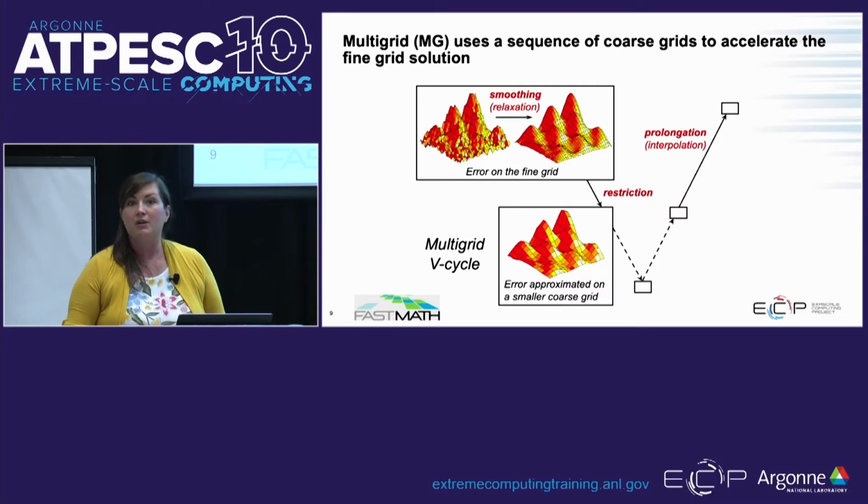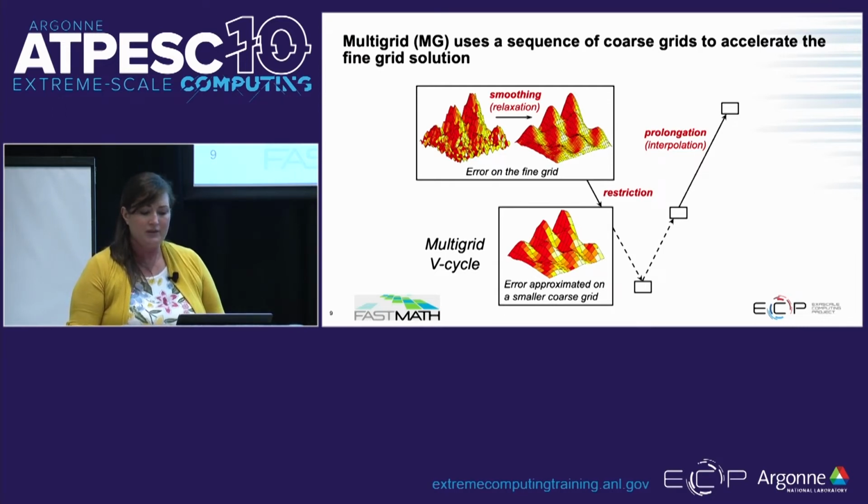At the end of this process, we make very rapid progress toward our overall solution. In practice, we would go down several levels and come back up. We call this a V cycle. There are other, more creative cycles that one can do. However, we typically do a V cycle because in parallel, it scales the best.